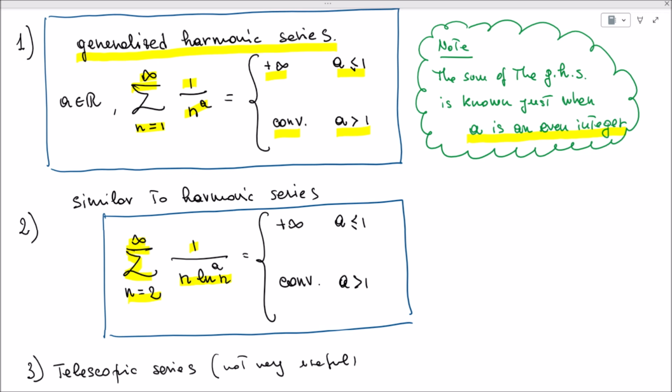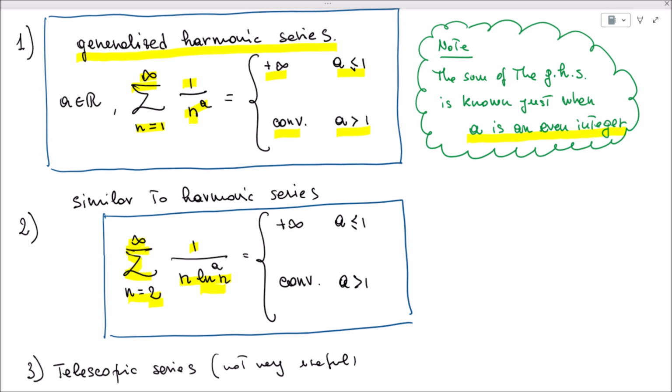The only difference is that now we have this logarithm of n at the denominator, which is raised to the a, instead of having n raised to the a. And you see why we start from 2, just to avoid the singularity at n equal 1, because we would have logarithm of 1, which is 0, at the denominator.